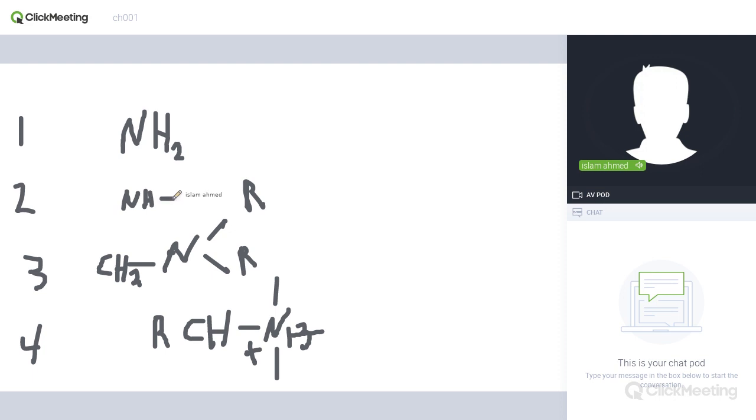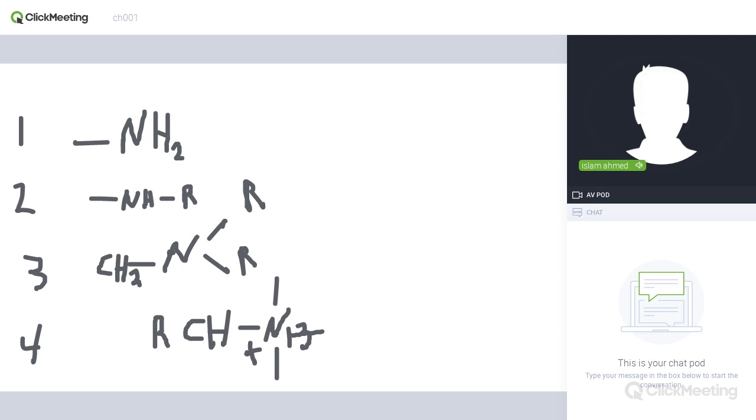So to summarize that part to be easier for you to understand, primary amine, we have nitrogen with 2 hydrogens. Secondary amine, we have nitrogen with 1 hydrogen. We replace 1 hydrogen with an alkyl group. Okay. Tertiary, we remove both of the hydrogens, substitute them with the two alkyl groups.